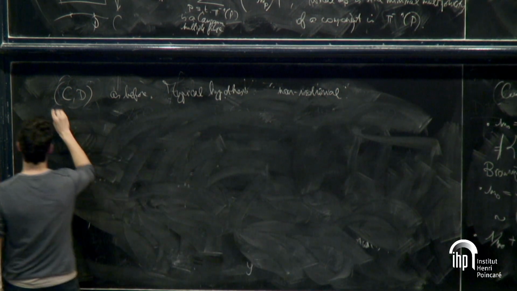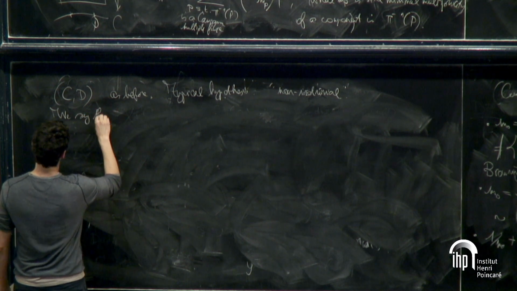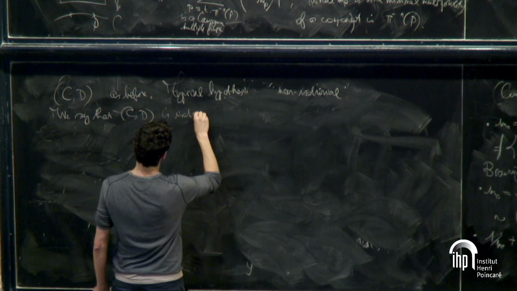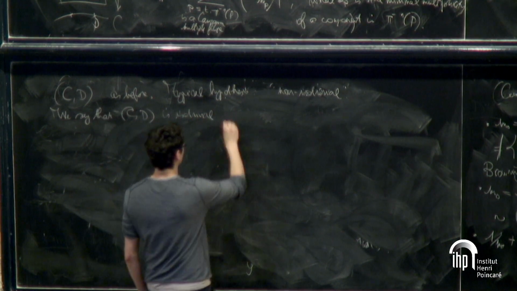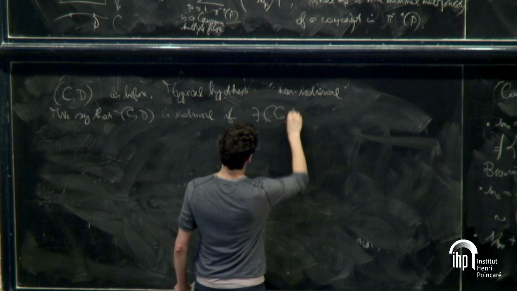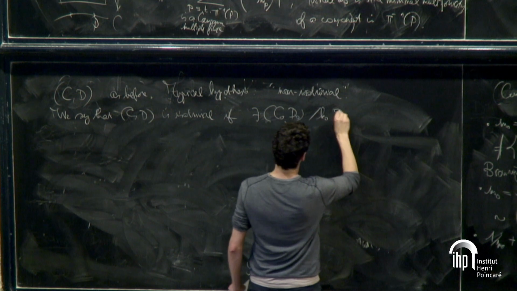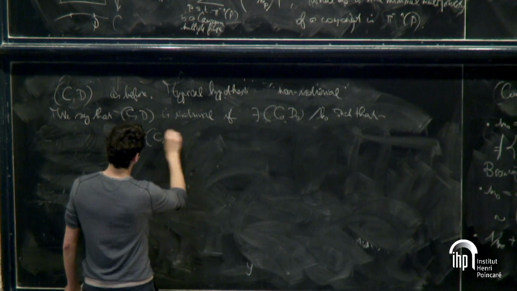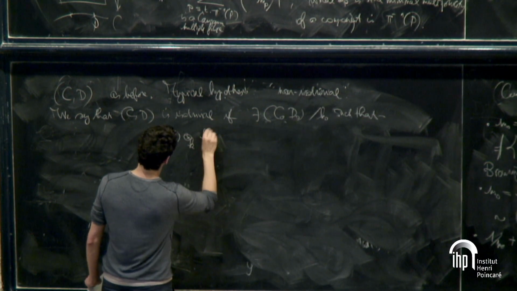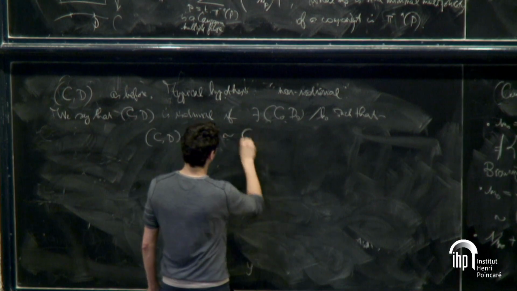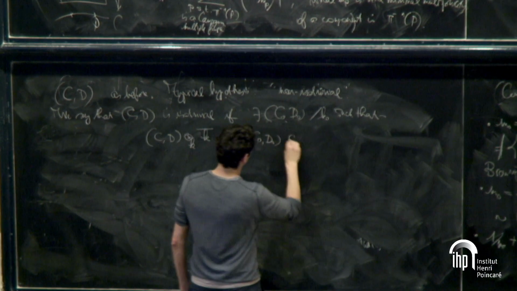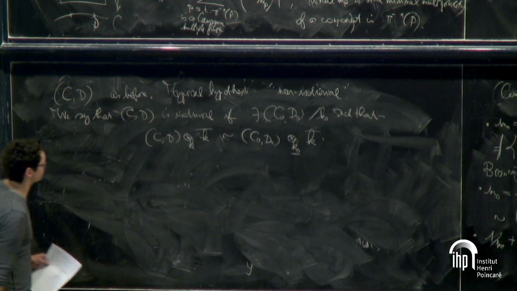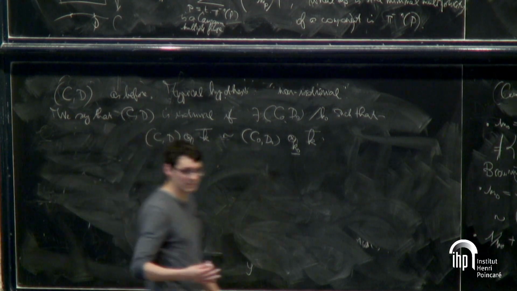So we say that CD is isotrivial if there exists a pair C0 D0 over K0 such that the base change of CD to the algebraic closure of K is isomorphic to the base change of C0 D0 tensor product over K0 algebraic closure of K. This is a typical assumption you see in function field arithmetic.